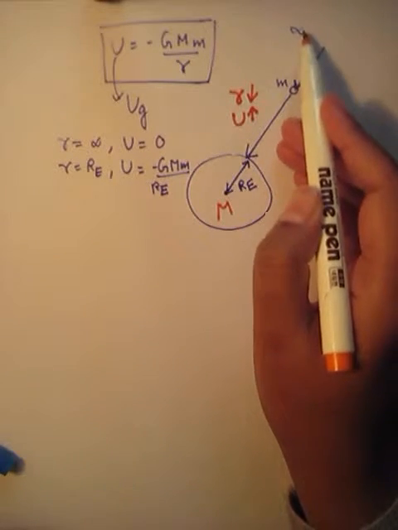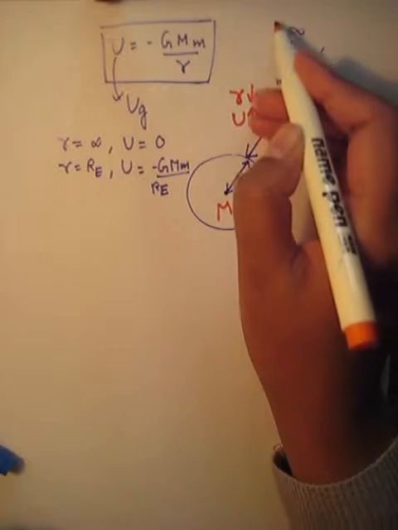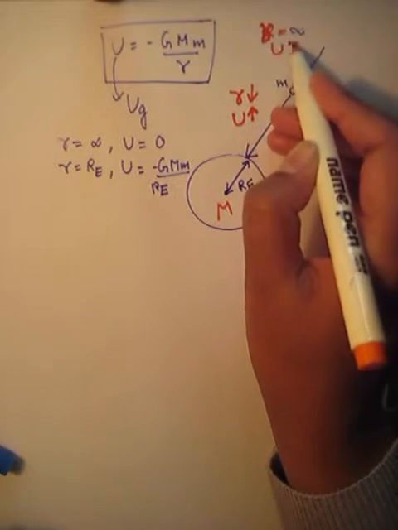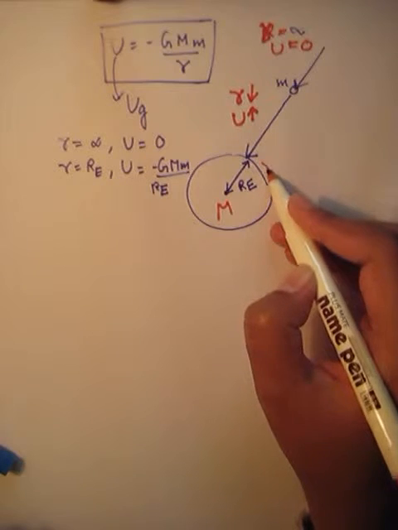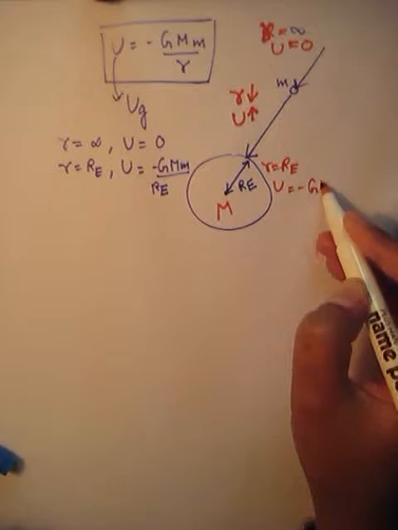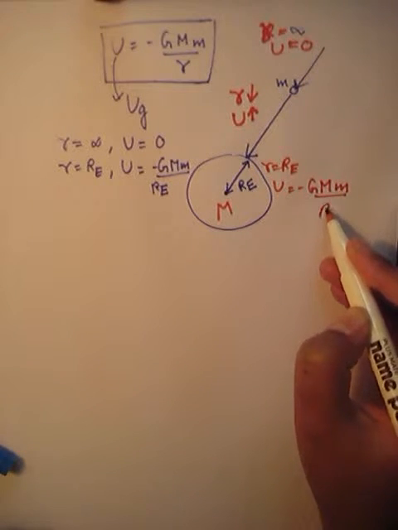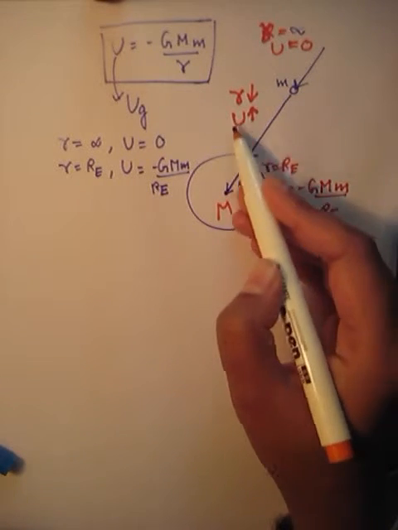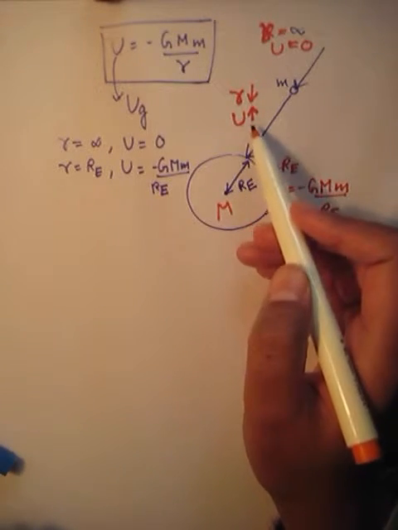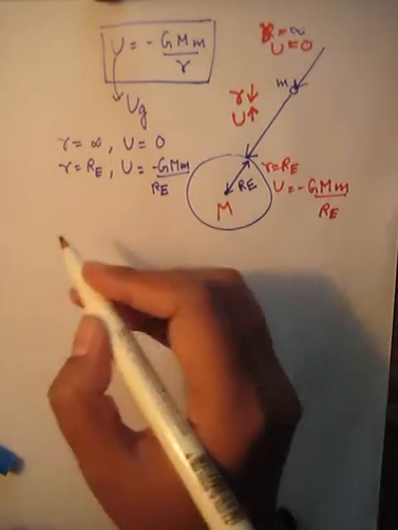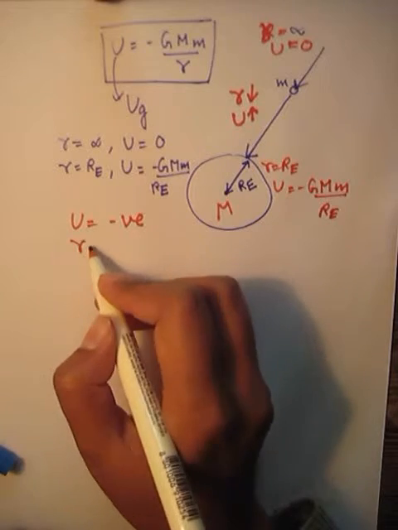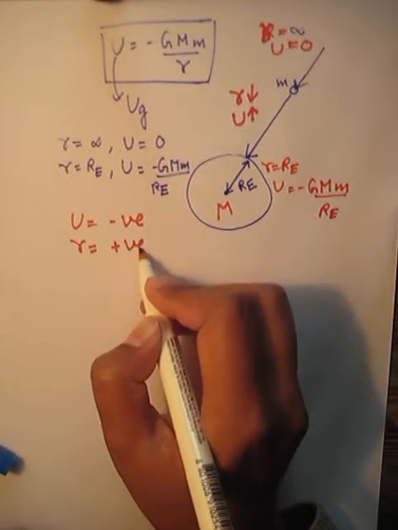So we know the behavior at infinity. At infinite distance, potential energy will be 0. If R is RE, potential energy will be a negative number, minus G capital M small m upon RE. Throughout, potential energy is negative and R is positive.